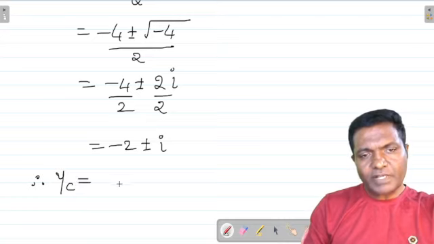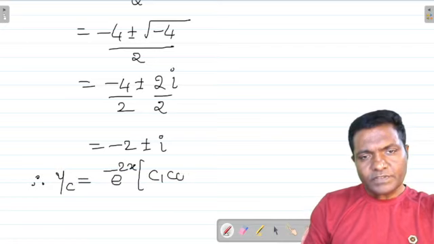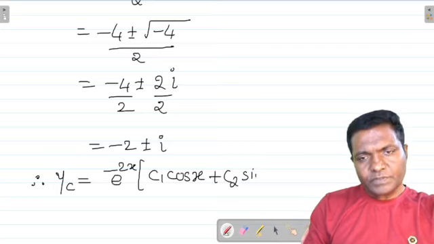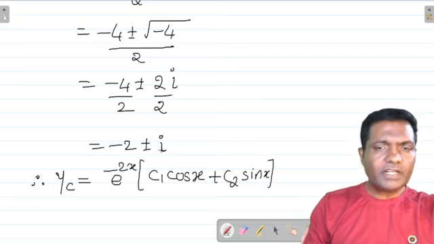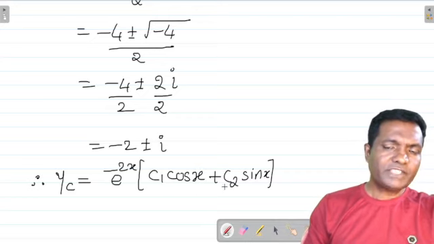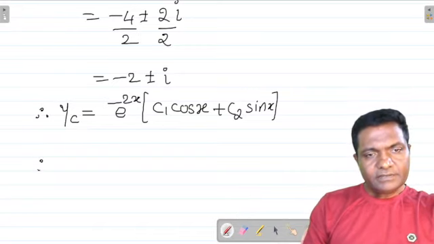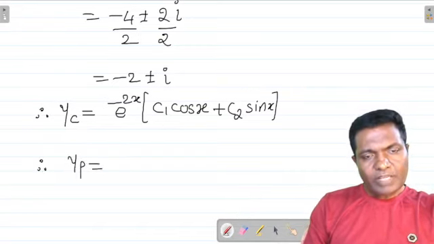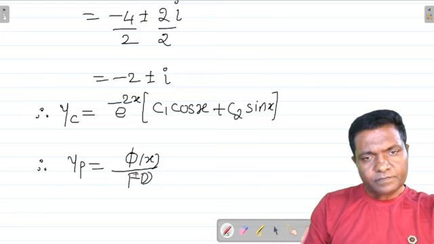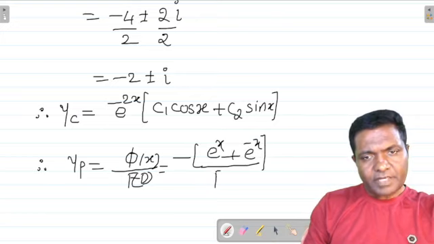So the complementary function yc is e power minus 2x into c1 cos x plus c2 sin x. Here the coefficient of i is 1. Now yp. yp is given, as usual, by phi of x by f of d. Your phi of x is e power x plus e power minus x by f of d.